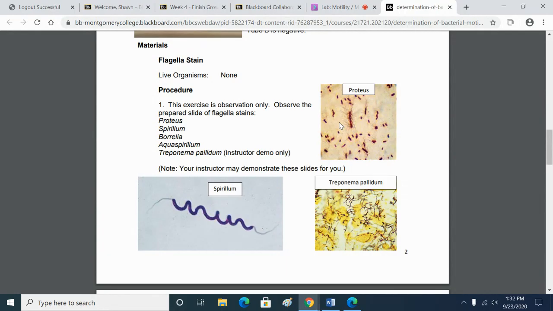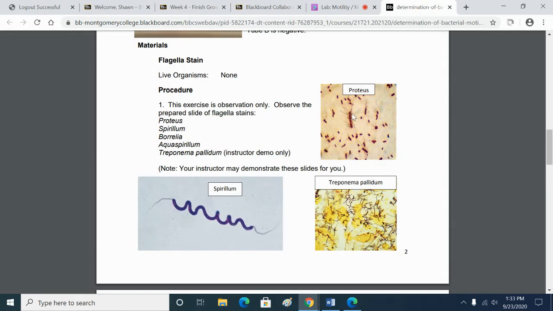And so that's the major reason why in lab I would just show you images like this on the computer screen rather than have you waste your time and my effort trying to go around and find correct examples. So normally I would project an image and then we talk about it, because on the lab exam, you do not need to know which bacteria have which arrangement. You just need to know the arrangement when you see it.